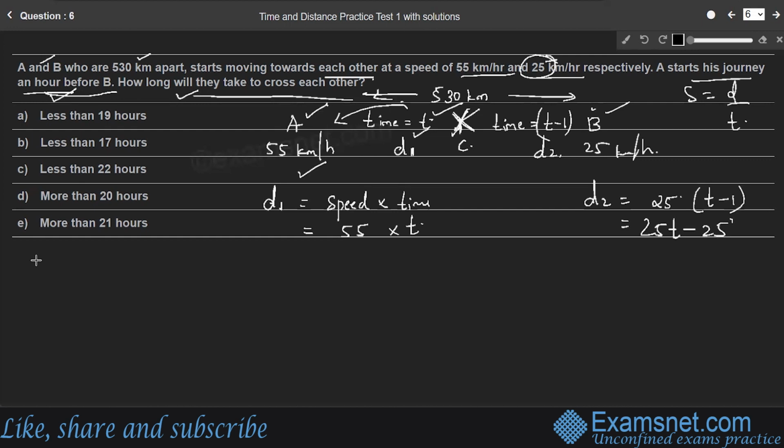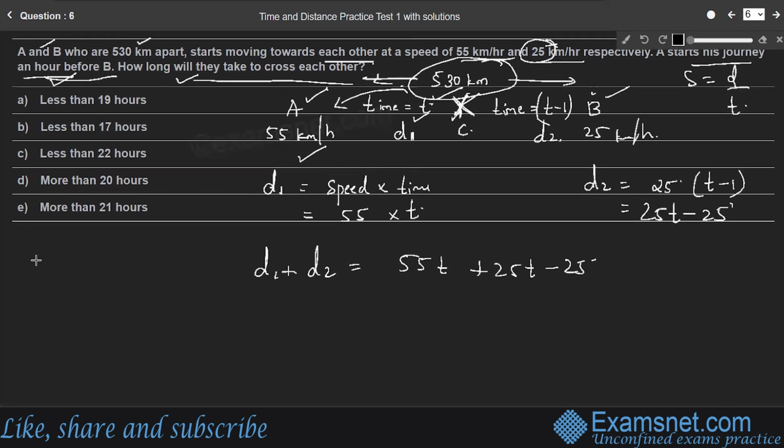So we'll consider D1 plus D2. Why are we considering D1 plus D2? Because the total distance is already given. D1 plus D2 is 55T plus 25T minus 25. The total distance between A and B is 530 kilometers, which is given.